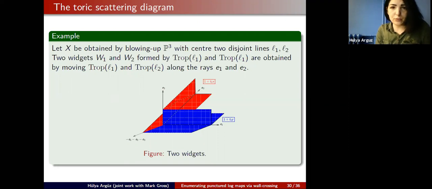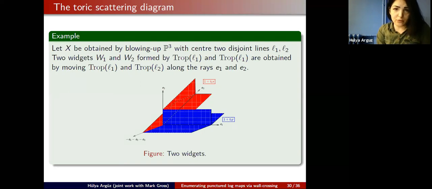So you blew up 2 lines along the toric boundary. So you take a tropical line, which looks like this, and you move the tropical line all the way along a ray, the ray that corresponds to the component of the divisor that you blew up the line at. So your initial scattering diagram looks like this in higher dimensions.